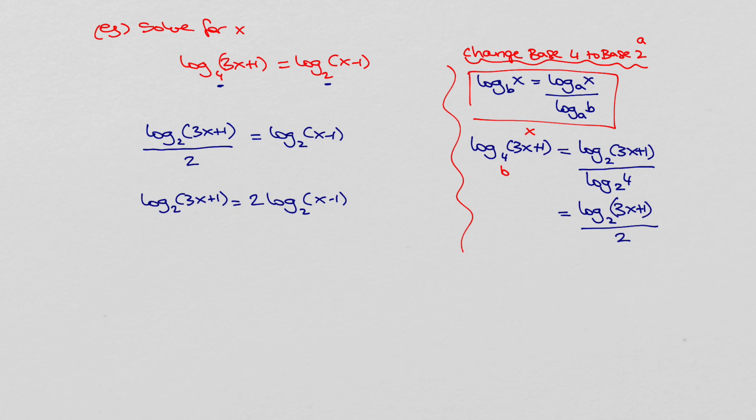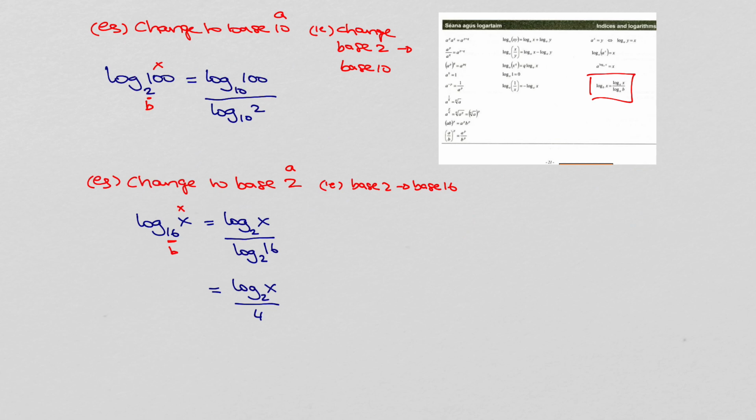And now I can see I have a log on the left and a log on the right, both to the same base this time. But I still have a number in front of my log, and I can't have a coefficient in front of my log. I need to make sure that before I equate any terms, I raise that to the power. So again, if we go back to our log rules, that's the third rule down on page 21.